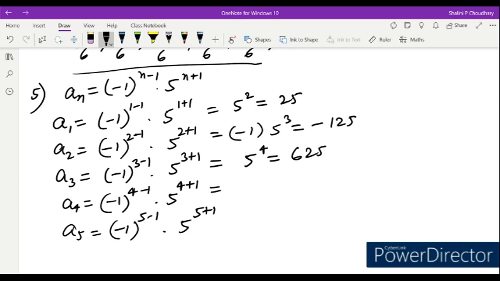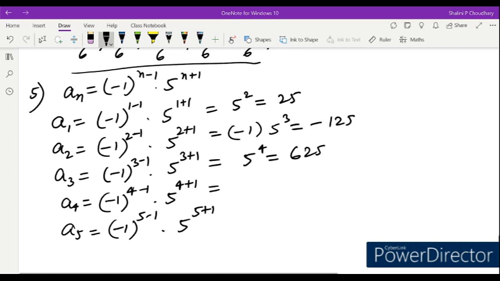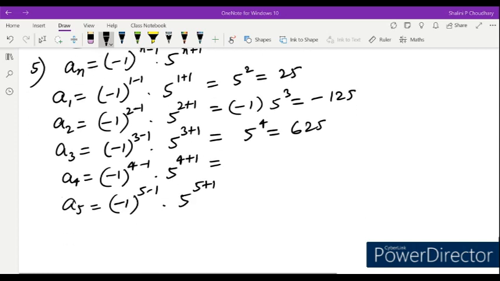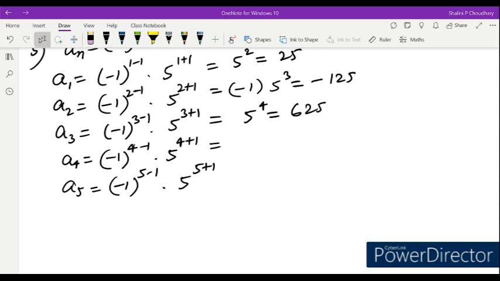Now minus 1 to the power 4 minus 1, that will be 3, it means minus 1, and 5 to the power 5. Okay, so 5 to the power 5 will be equal to 3125.